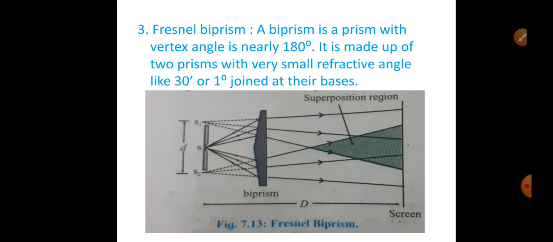Then we can obtain coherent sources by a prism. Fresnel is the scientist who studied this with the biprism. Here two prisms are joined to each other like this. Their vertex angle, the refracting angle, is nearly equal to 180 degrees, meaning very thin prisms are joined with refracting angles of about 30 minutes or 1 degree.